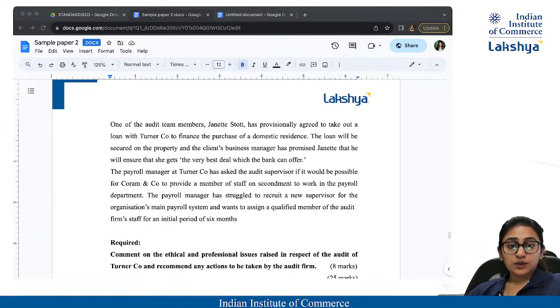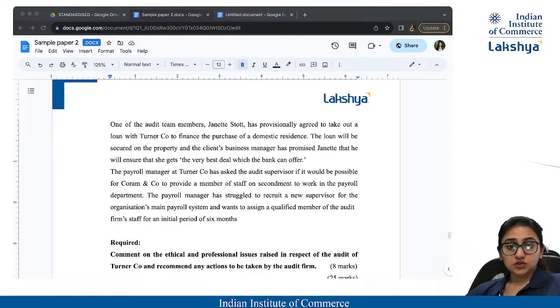The client has requested the staff for 6 months, which may be considered a long period. If it is for 15-20 days, then it's okay, but 6 months is a considerable period. The nature of the work performed by the loan staff is also an important consideration. Therefore, it's better you decline such offers.